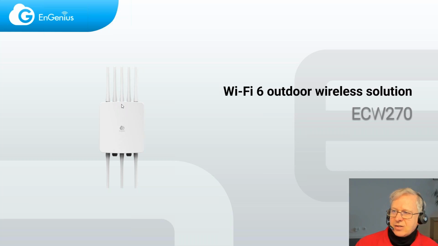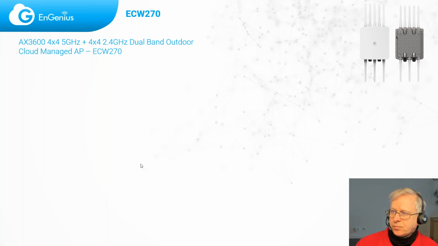You can see the interesting way the antennas have been laid out, 5 at the top and 3 at the bottom, which is probably because of the 2 entries for cables, or actually 1 entry for the PoE cable and 1 exit for a PoE out on the device. So it's basically the ECW230 with external antennas for outdoor.